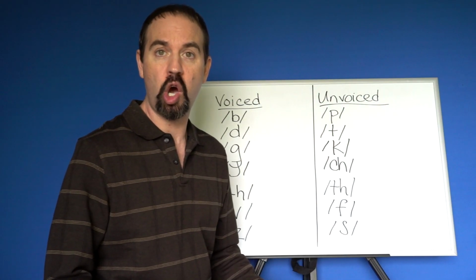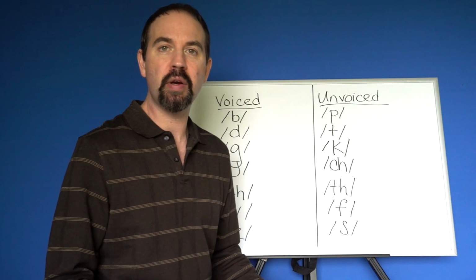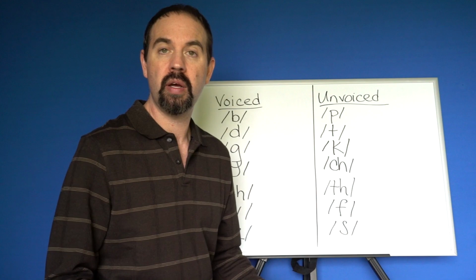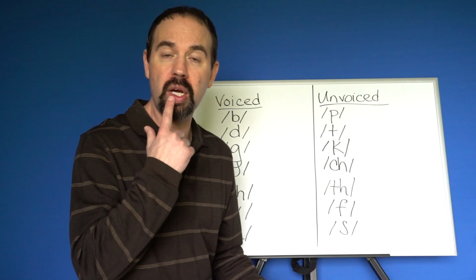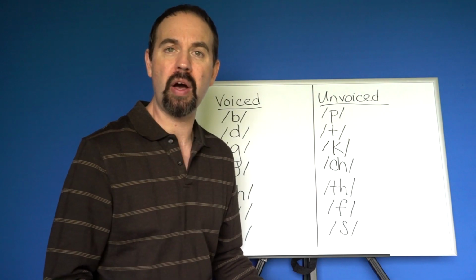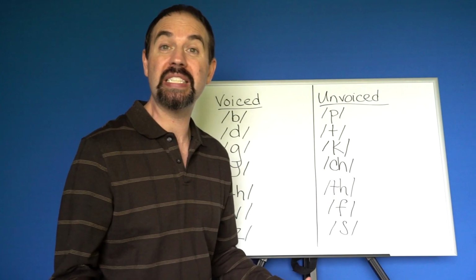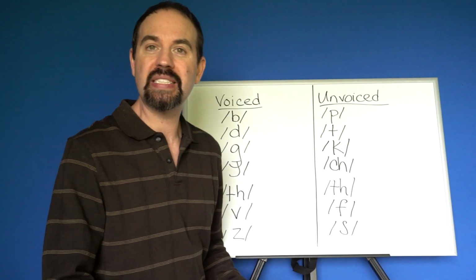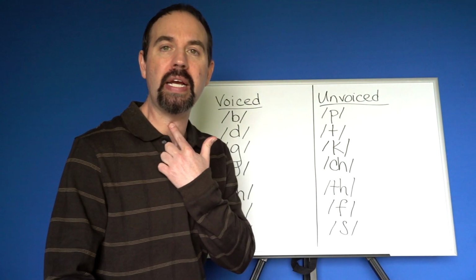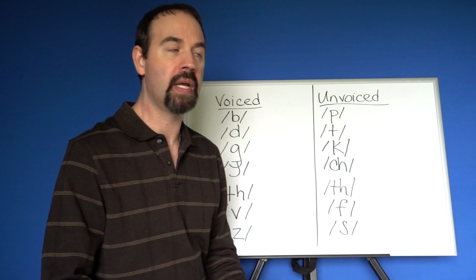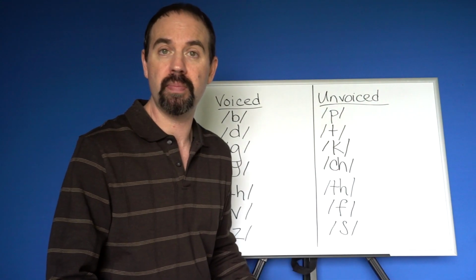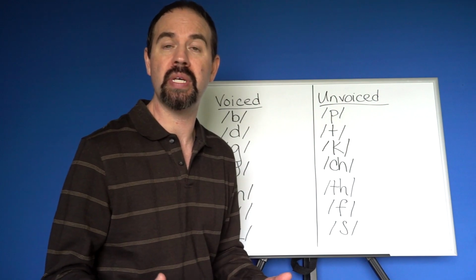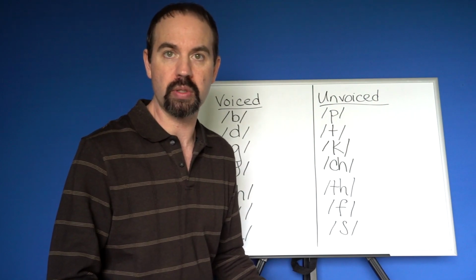These examples are in pairs because they're produced in almost the exact same way. The placement of the tongue and the position in the mouth are identical, except for the fact that the first column has sounds that have a vibration of the vocal cords, whereas the second column has unvoiced sounds, or sounds that don't use the vibration of the vocal cords.